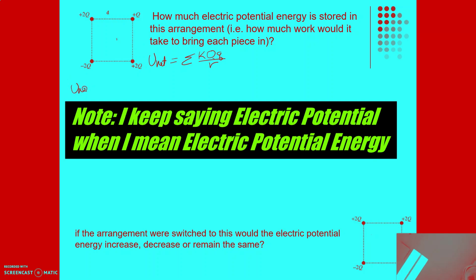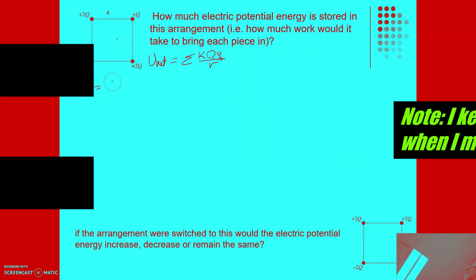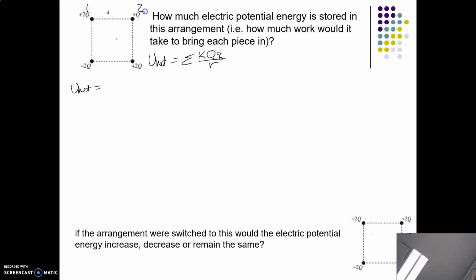Let's number these 1, 2, 3, 4. It's going to be the combination of U12 plus U13, plus U14, plus U23, plus U24, plus U34. So those are all the ones we're going to have to calculate.